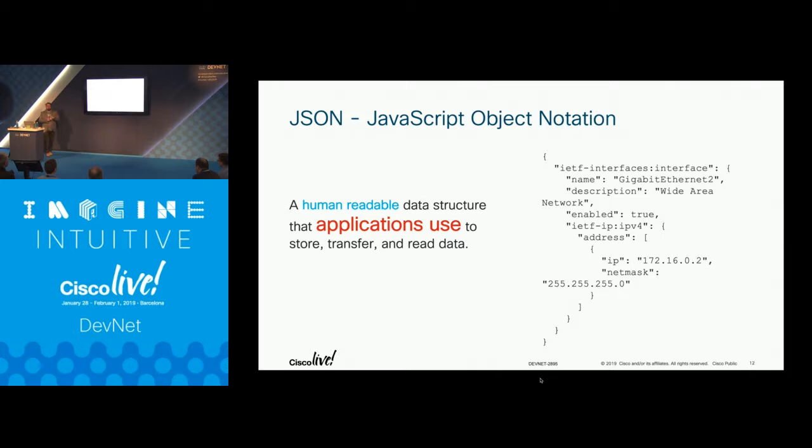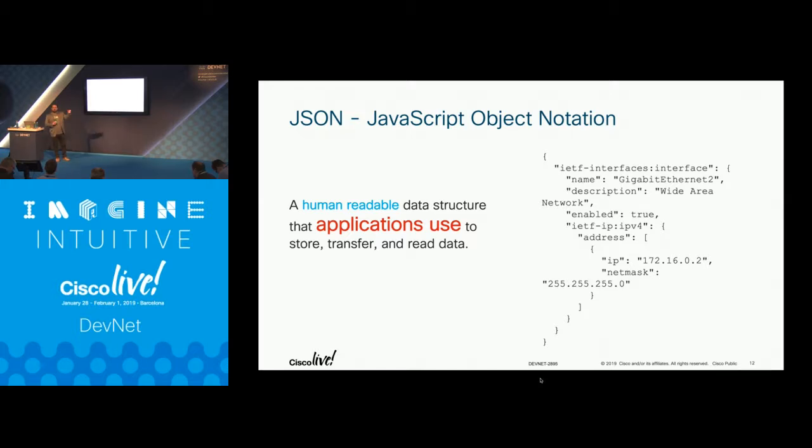I know you can actually read the words and figure out what this is saying, but being able to understand how the data is actually structured is not just useful, it's necessary when you're writing application code. If I want to pull out the IP address and print that on the screen, just a simple act of that, I need to understand the JSON structure of that definition. We have our ietf-interface.